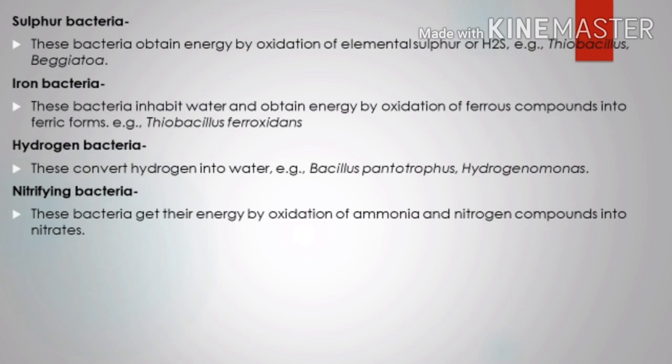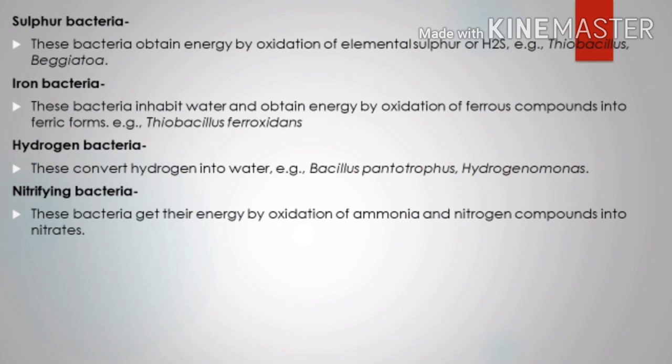These bacteria inhabit water and obtain energy by oxidation of ferrous compounds into ferric forms, and an example of iron bacteria is Thiobacillus ferrooxidans. The third one is the hydrogen bacteria. These convert hydrogen into water, and examples of hydrogen bacteria are Bacillus pantotrophus and Hydrogenomonas. The last one is the nitrifying bacteria.